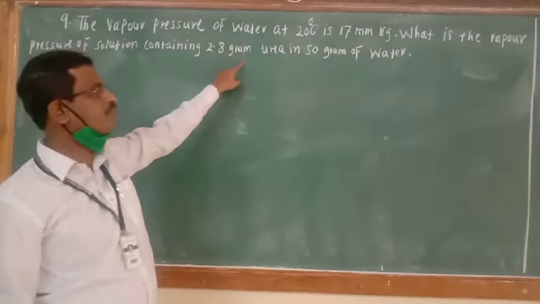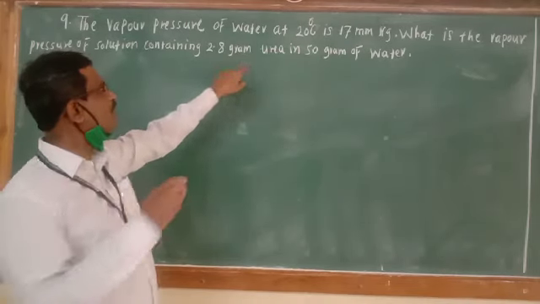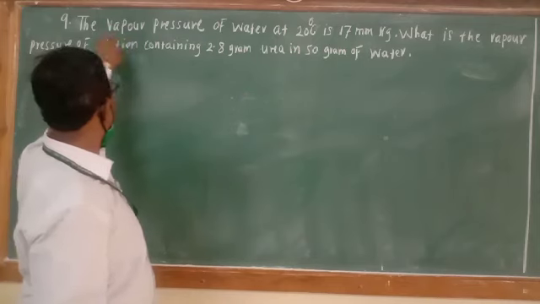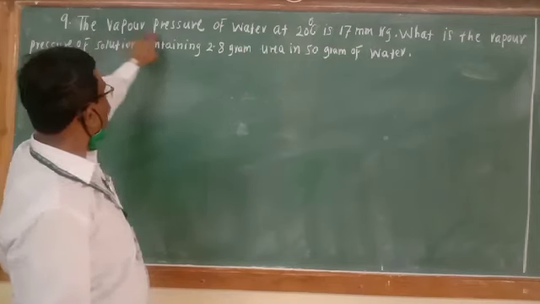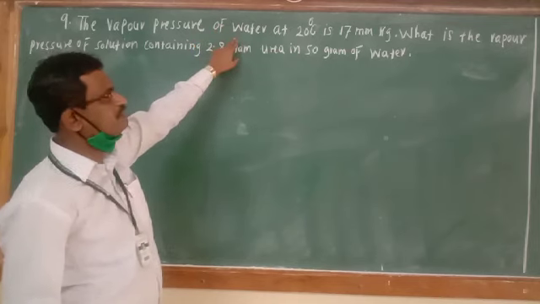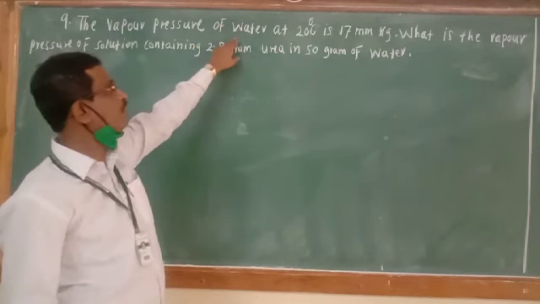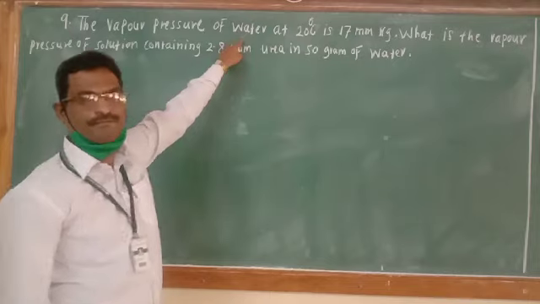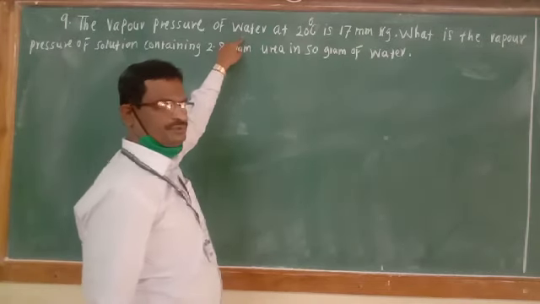This is the problem. We have to calculate. The vapor pressure of water at 20 degrees Celsius is 17 millimeter mercury. Vapor pressure of water means pure water.